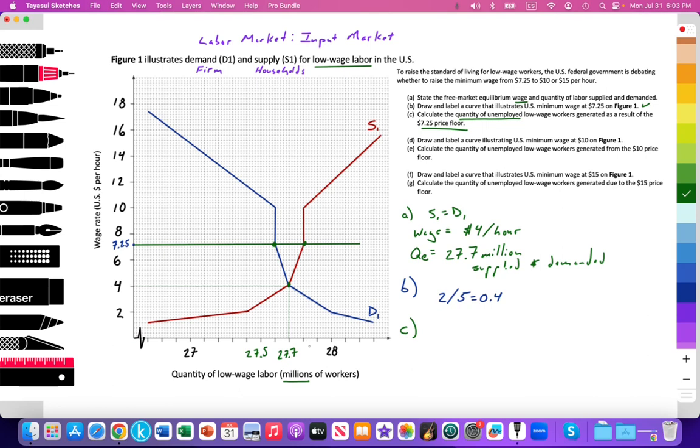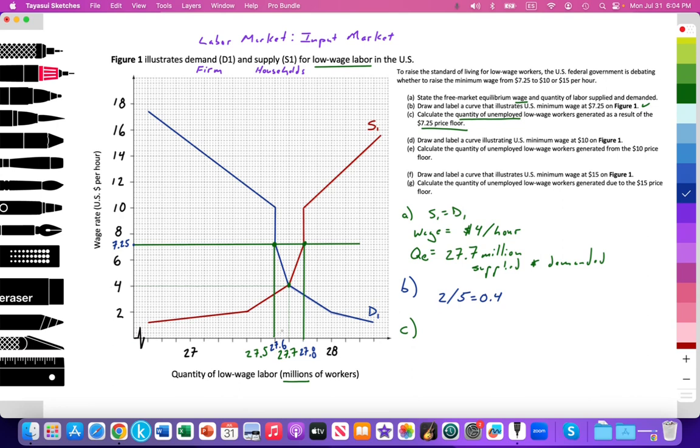Oops, let me draw that a little bit more accurately. So here we have the quantity supplied increasing and the quantity of demand by firms decreasing. So approximately, we have the quantity supplied increasing to 27.8 million, but the quantity of demand decreasing to 27.6 million.